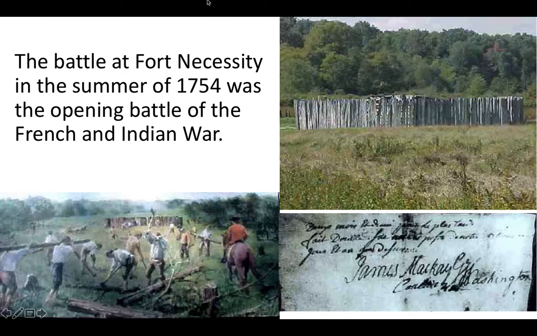So what the French did with George Washington is they defeated him, they beat him, and then they told him, basically, you can go. So they let him leave. George Washington and his soldiers, they didn't take prisoner, and nothing like that. They just let him go, right? And so George Washington and his troops marched out of there.